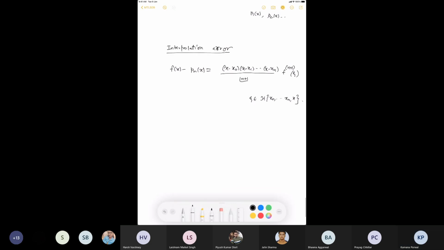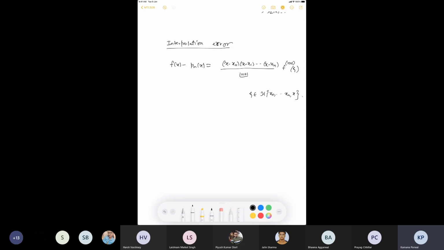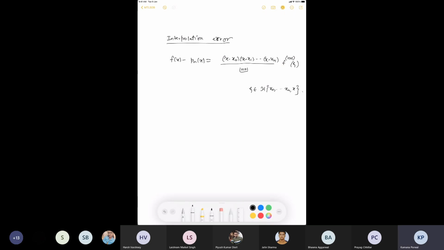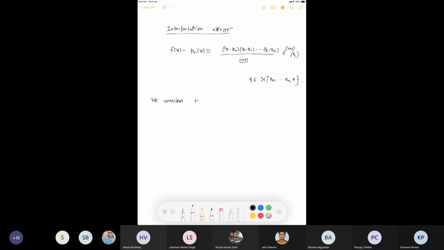Okay. So for the further discussion, I'm going to consider that these points x0, x1 up to xn are all equally spaced. So we consider evenly spaced nodes.